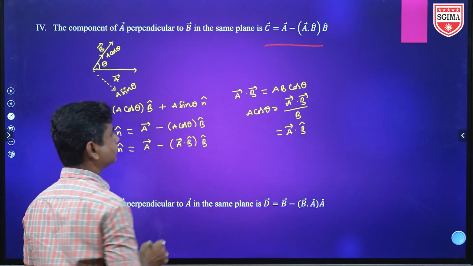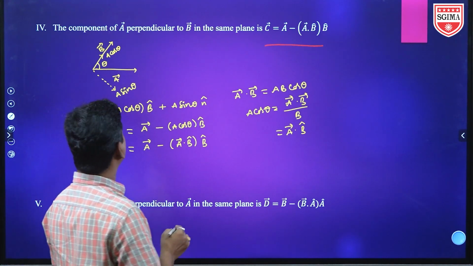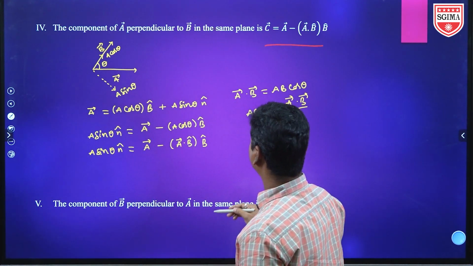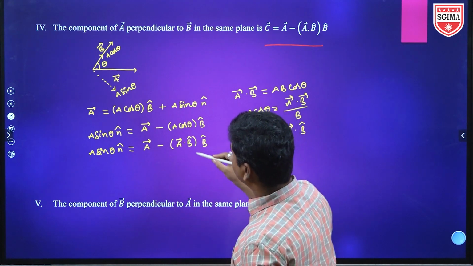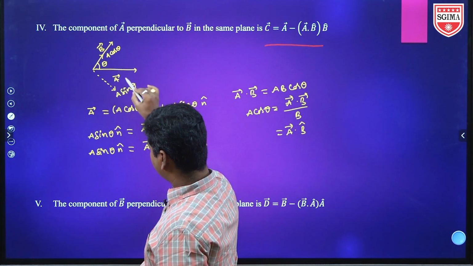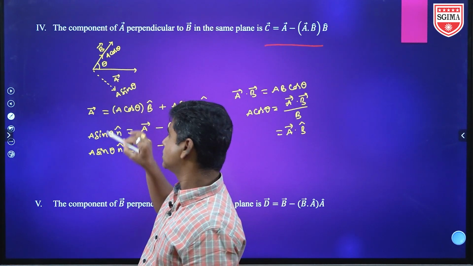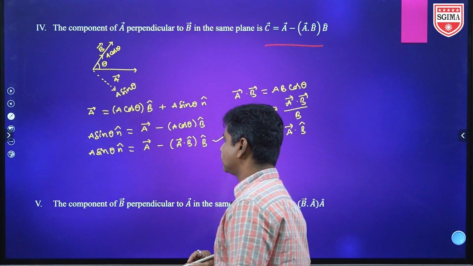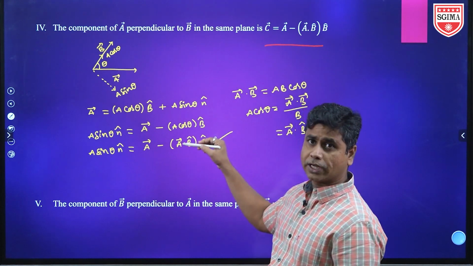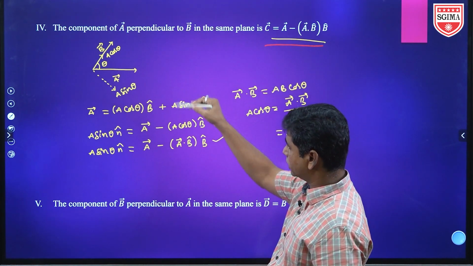It is the perpendicular component of the A bar vector perpendicular to the B bar vector in the same plane. It is a proof, how to derive this equation, this is the method.